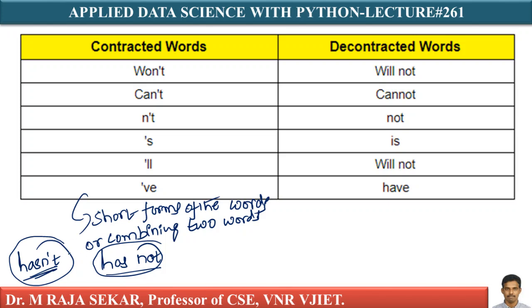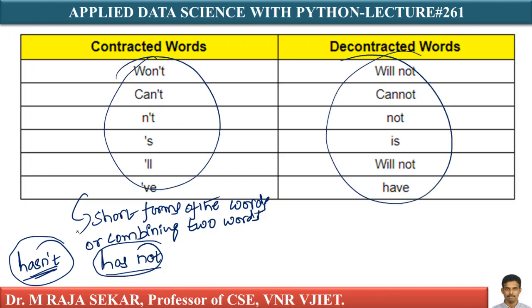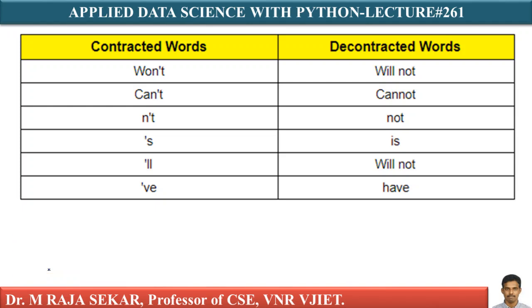So to avoid same sentences being identified as different sentences, all the contracted words are converted into their expanded forms. These are some of the examples. These are the contracted words, these are the decontracted words, so it is better to convert all these contracted words into decontracted words.